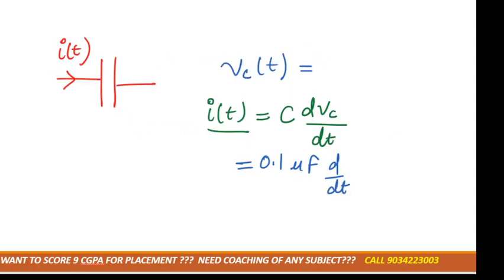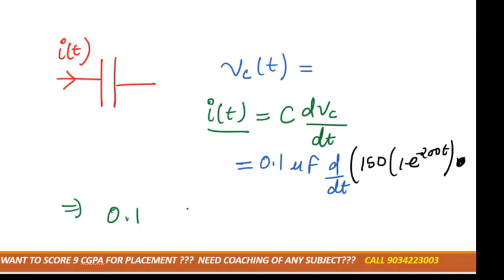That is the voltage across the capacitor, how much? 150 times 1 minus e raised to power minus 200t, right? Now can we solve it further? 0.1 as it is, 150, then you have to take the differentiation. Okay, if we solve it, then you will get 3 milliampere e raised to power minus 200t.